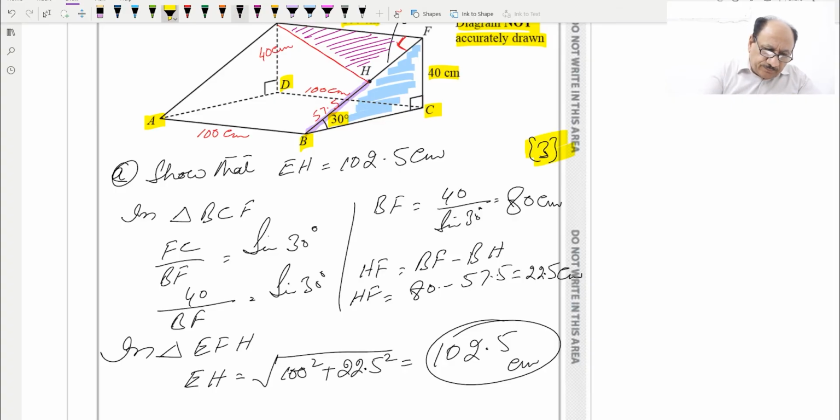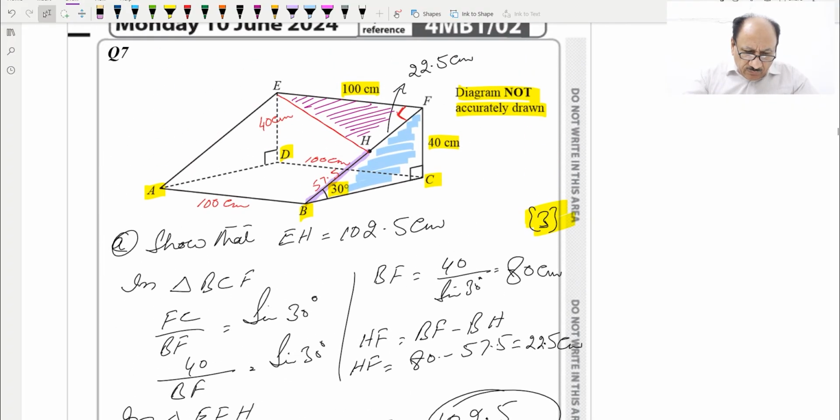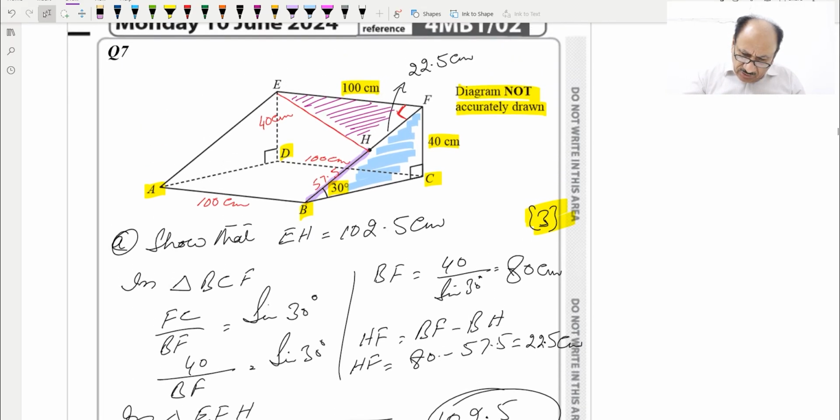which we have done. Now for B part it says calculate in degrees to 3 significant figures. We need to calculate angle EHD. This is a little tricky question. First we will see which angle EHD is from the drawing. We already calculated EH, which is 102.5.